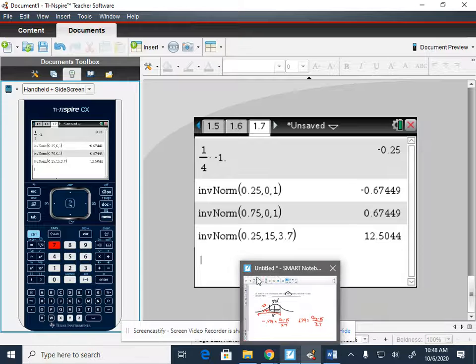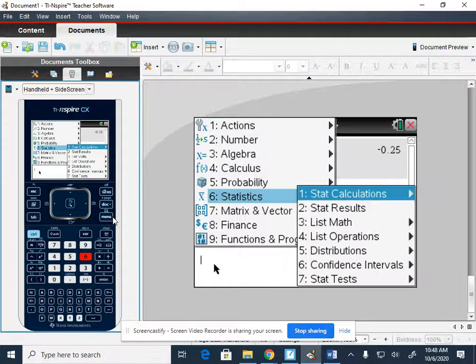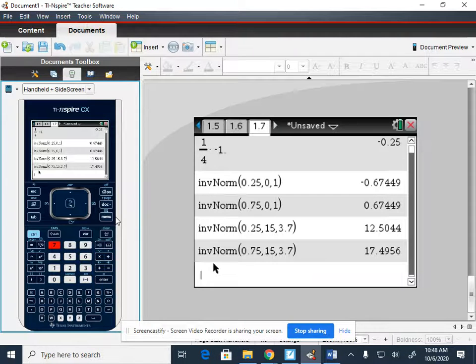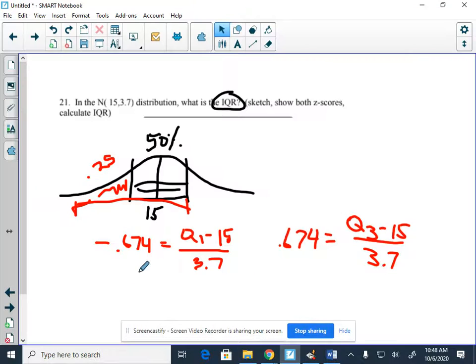And we'll do it again. Okay, so we get 12.5 and 17.5 are our quartiles.